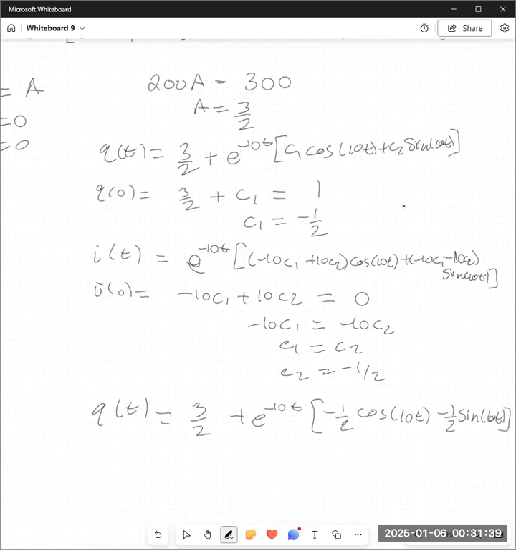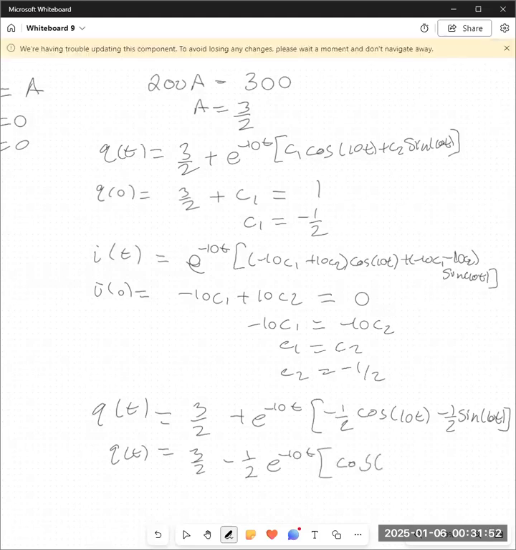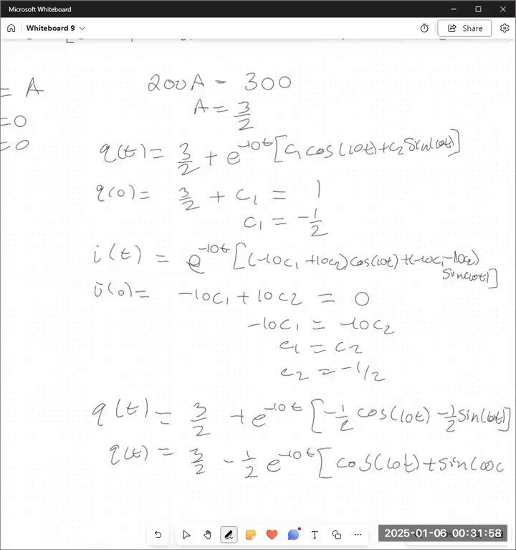Again, because there's a GCF there, the book is going to write this as 3/2 minus 1/2 e to the negative 10t (cosine of 10t plus sine of 10t), like that. It's a really sloppy looking 10, sorry.